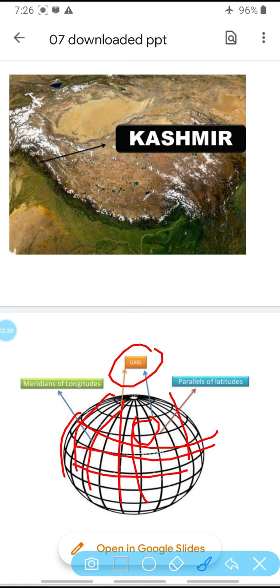So this is latitude and longitude. With the help of latitude and longitude, we can easily find the location of a particular place on a map. In this way we can find any country on a globe or on a map.